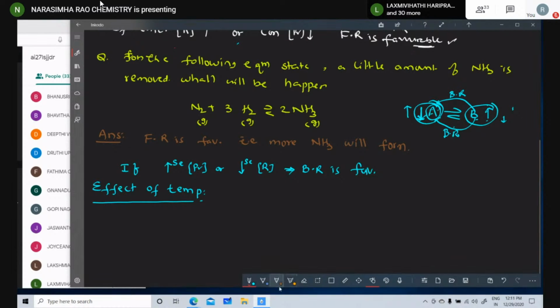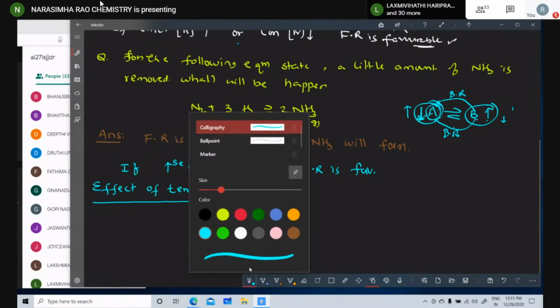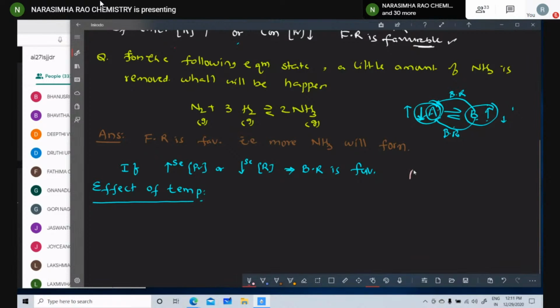Let me discuss. Now I am taking the similar example, the previous example, children. This is A is equilibrium with B. Of course, this is exothermic or endothermic, whatever delta H is, for the example, negative.